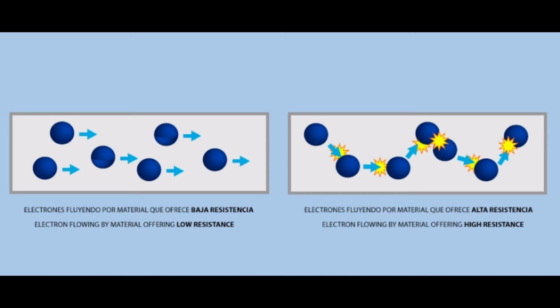That is, the electron, when it is moving, collides with the other ions present in the conductor. So due to this, there is an opposition to the movement of the charges, and this we call the resistance.